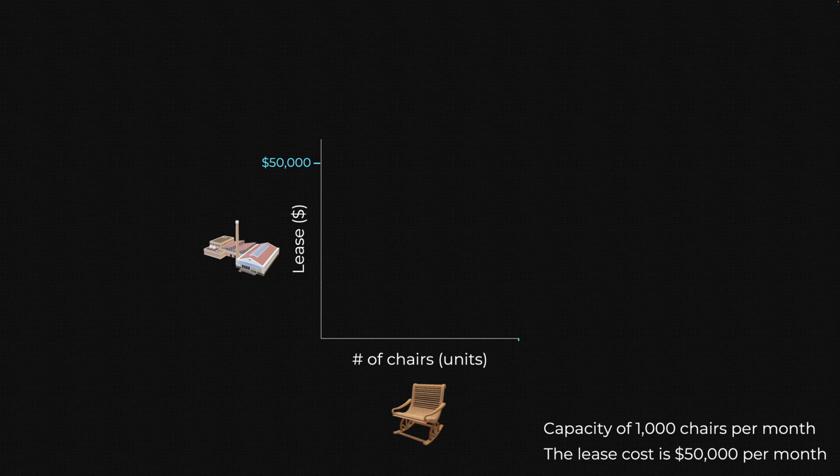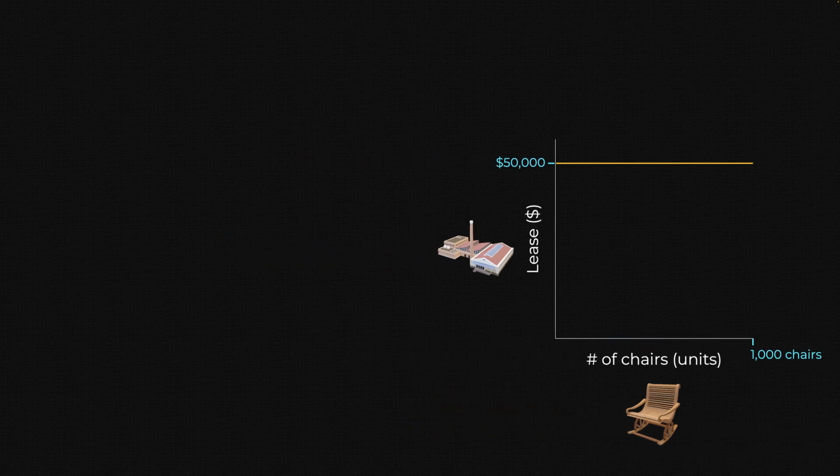And we'll make a little mark over here on the right just to indicate the number of chairs. 1,000 chairs is right there on the line. So as long as this company manufactures somewhere between 0 and 1,000 chairs, the total cost of the lease for that period is going to be $50,000. The line doesn't move, or in other words, it's fixed. And that's because this is a fixed cost.